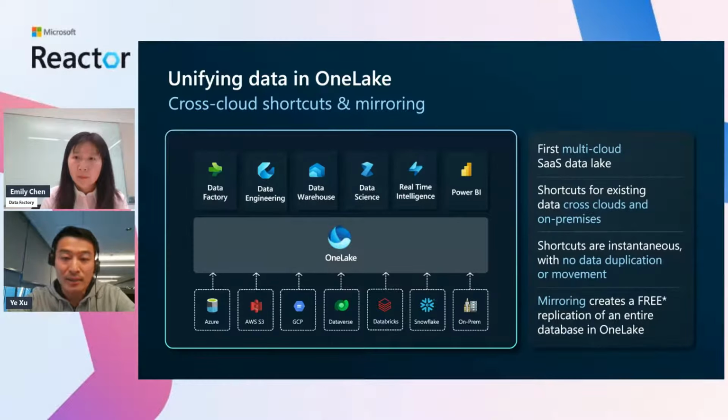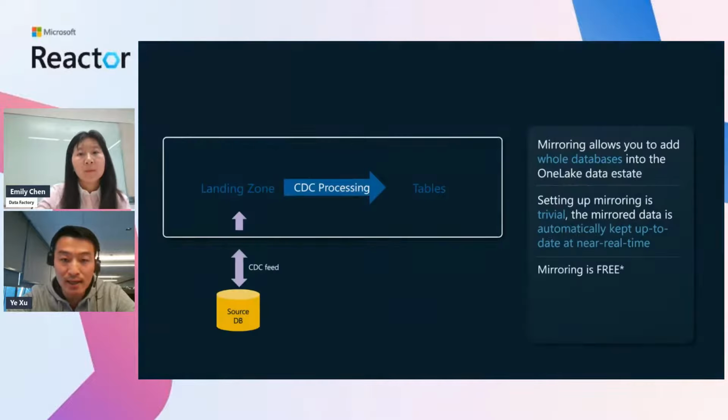Moving to the next page, you're going to see the architecture of database mirroring. You might be aware that the architecture is based on the CDC capability, which can provide you a turnkey experience to add the entire database into a OneLake data estate.